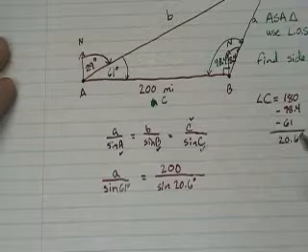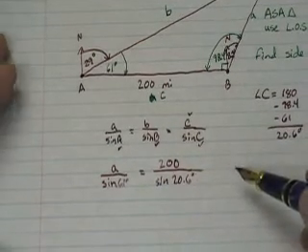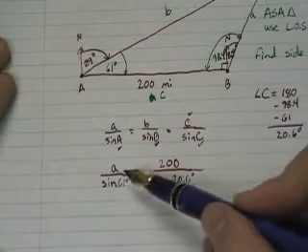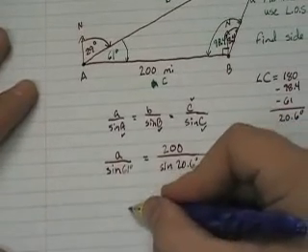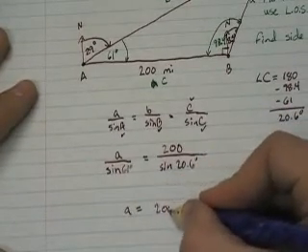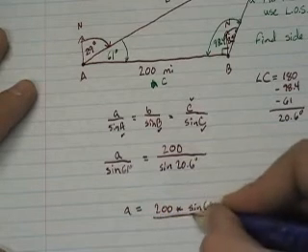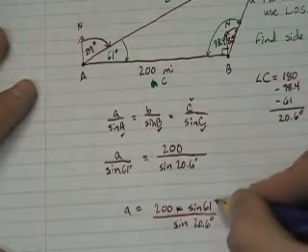Okay? So this is side C, and this is angle C. And what I see here is I have one unknown, and I can solve this very simply by multiplying by sine of 61 because it's in the denominator. So I get A equals 200 times sine of 61 divided by sine of 20.6.